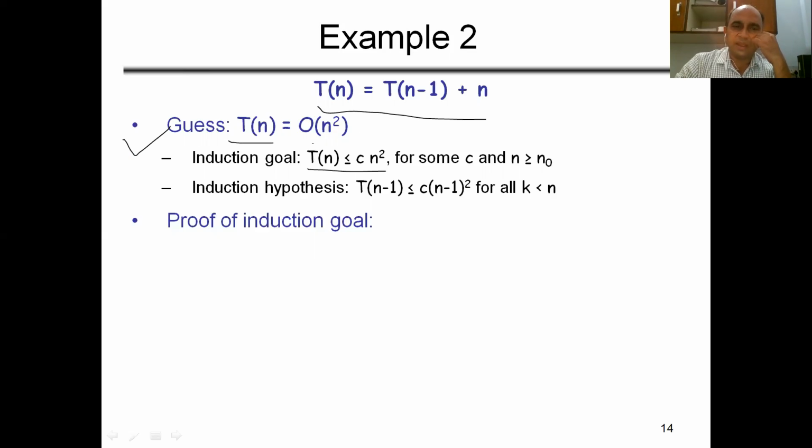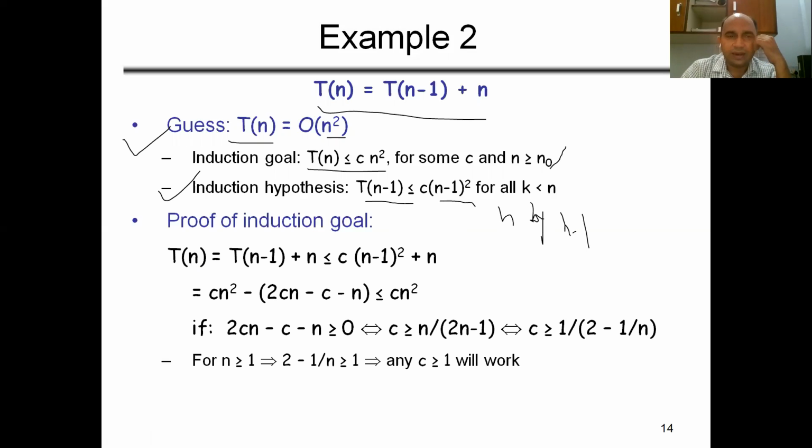This is my f(n), this is my g(n), so I can write this equation. If we have to prove this relation, then I can assume that this will work for n minus 1. So I can write this equation by replacing n by n minus 1.